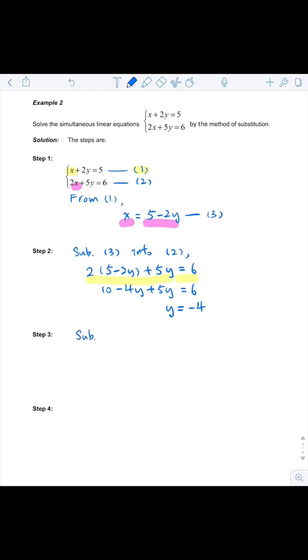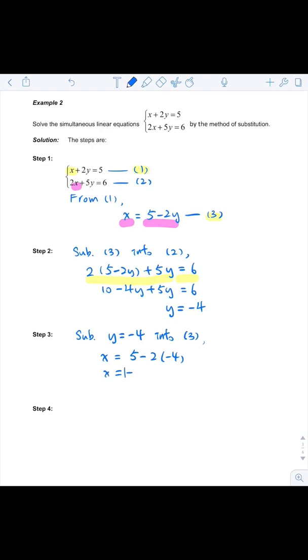After we obtain the value of y, we can substitute y equals negative 4 into equation 3. And then we have x is equal to 5 minus 2 times negative 4.